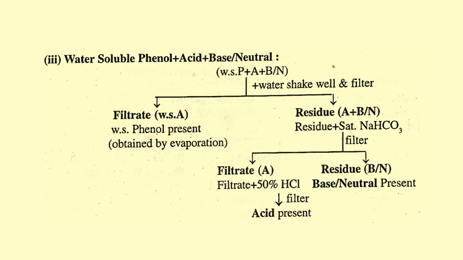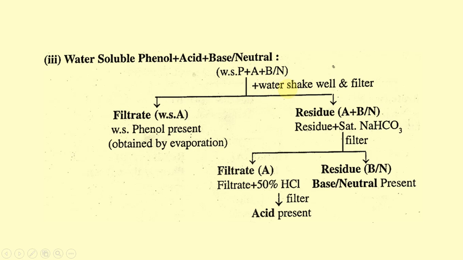So we can consider this type of mixture: water soluble phenol plus acid plus base and neutral. The type is water soluble phenol, water insoluble acid and water insoluble base or neutral. Then separate this type.